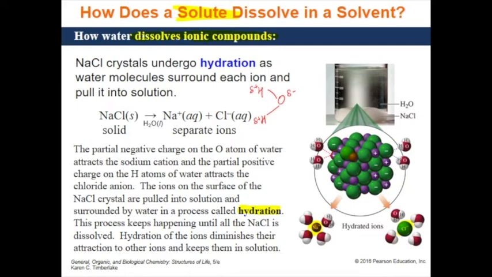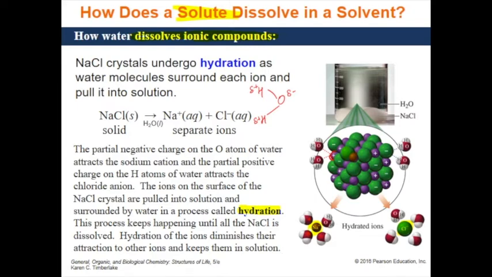The oxygen atom on water has a negative charge. This negatively charged oxygen is going to interact with this positively charged sodium ion and slowly take it away from the rest of the crystal. And now this sodium will be surrounded by water, such that these red atoms that you're seeing are all oxygen. Oxygen interacts with this positively charged ion because oxygen carries a negative charge, and so the sodium ion is separated.